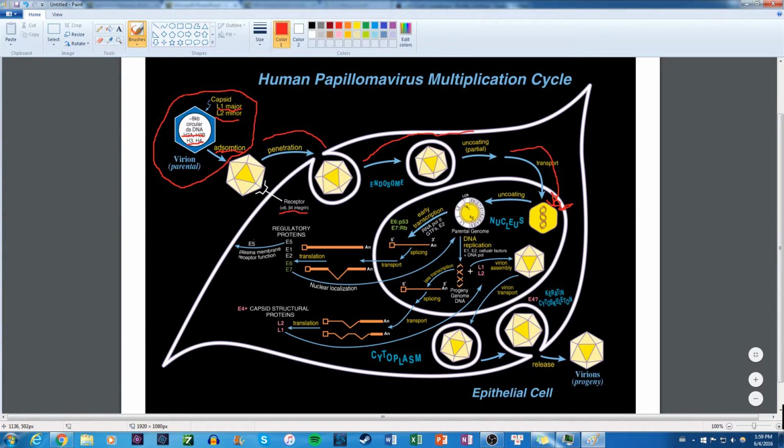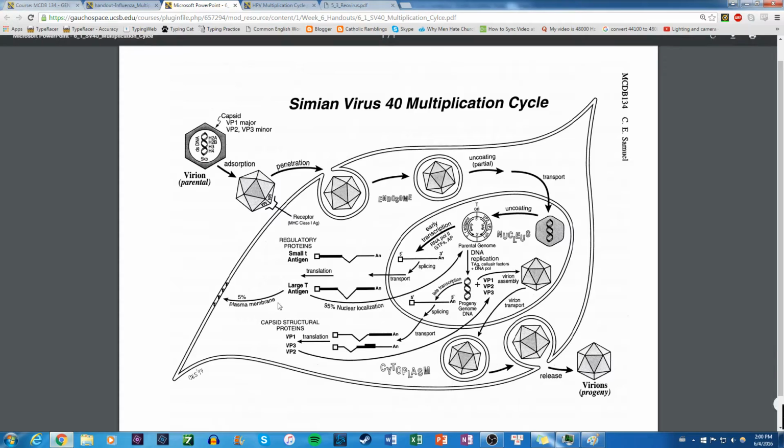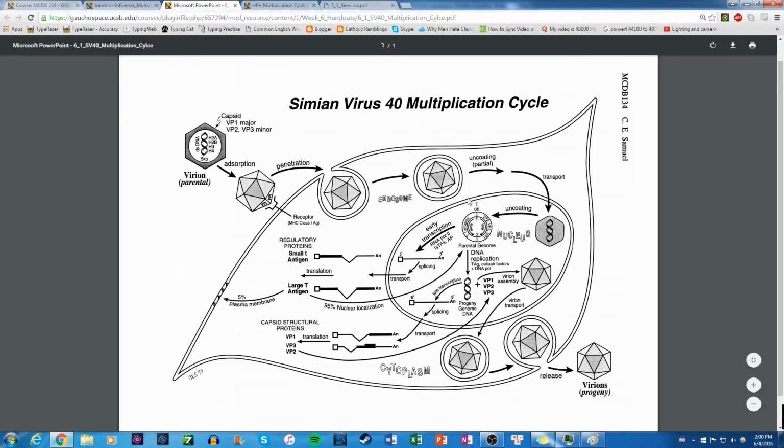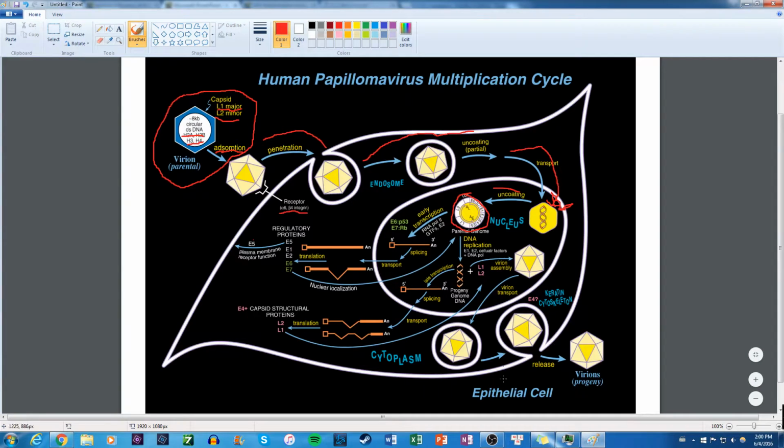You have encoding. So then, you have the encoding right here. Look again right here. That looks oddly similar to this one for SV40. So again, I'm just trying to illustrate the fact that they're very similar.